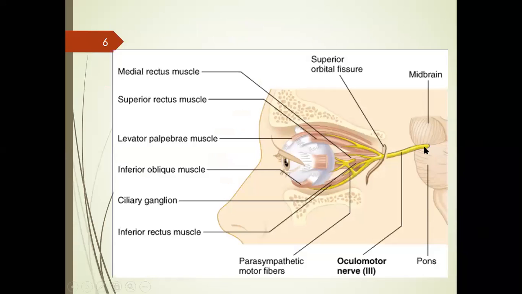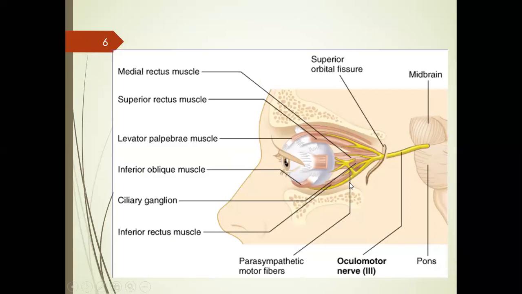You can see third cranial nerve is coming from the midbrain. After passing through the superior orbital fissure, it divides into upper division and lower division. Upper division supplies superior rectus and levator palpebrae superioris, and lower division supplies medial rectus, inferior rectus and inferior oblique muscle.